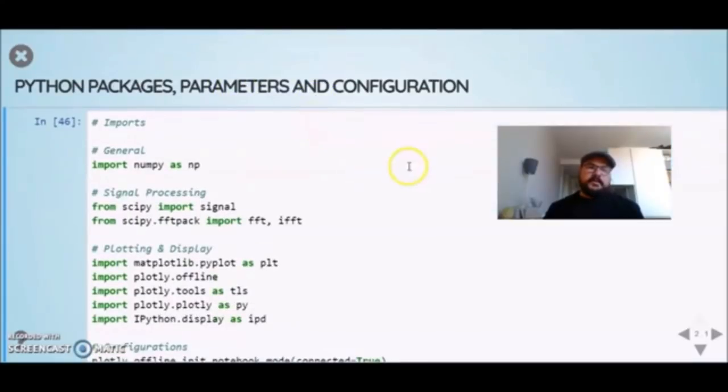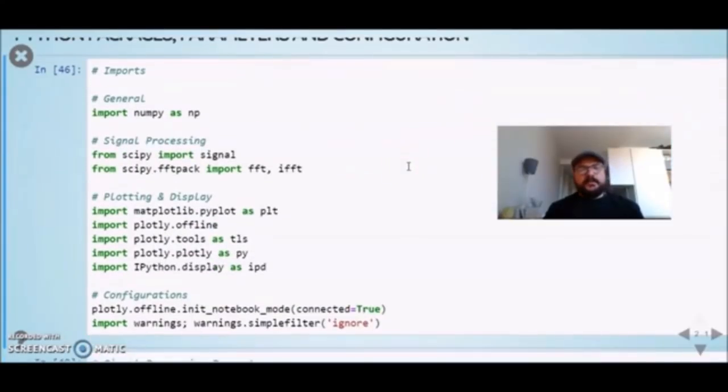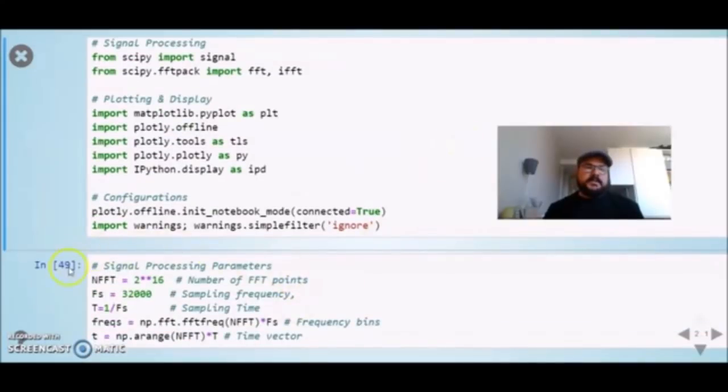Here we are loading some Python libraries, so we are going to use SciPy to calculate the FFTs. We are going to use matplotlib and plotly to plot, and these are the signal processing parameters we are going to use for this example. So we're using a sampling frequency of 32 kilohertz and a number of FFT points of 2 to the power of 16, so that's approximately 65,500 points.